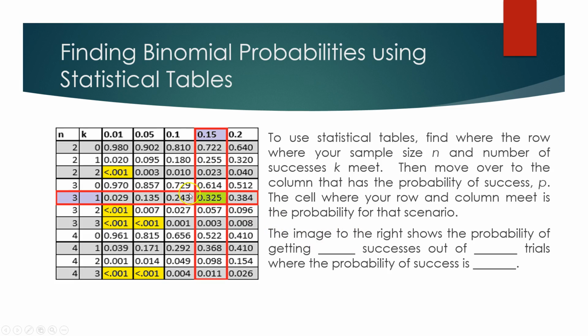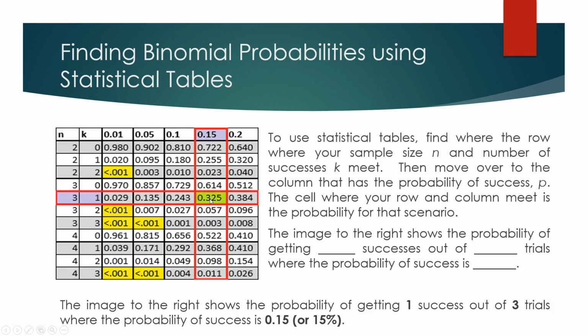This is the probability of getting 1 success out of 3 trials where the probability of success is 0.15 or 15%. Normally we will not be going backwards, but it will help eventually when you go forward. You're just lining up where all of your 3 values meet. So we'll practice a bunch of these coming up.